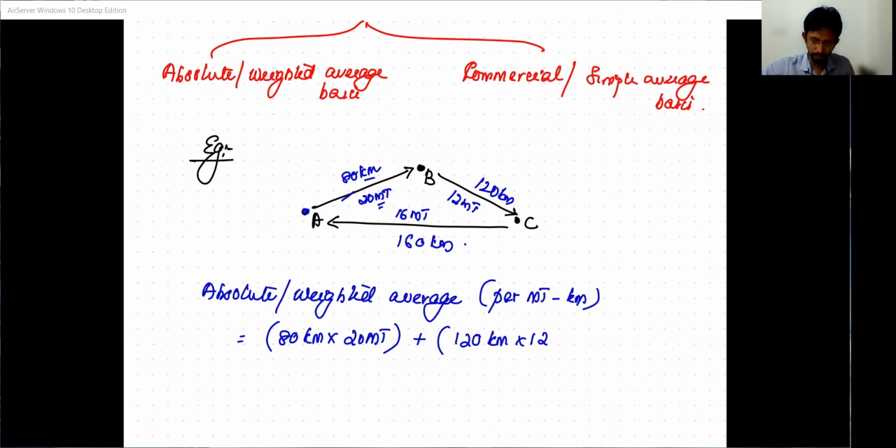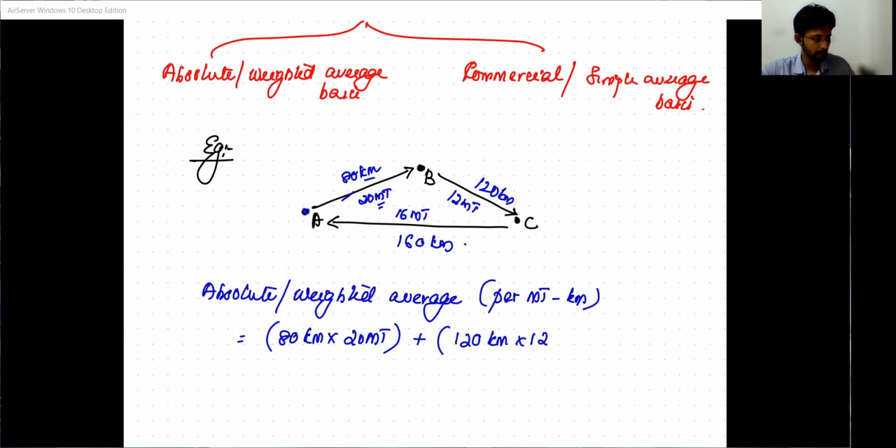So that is equal to 80 into 20, 1600, plus 120 into 12, 1440, then 160 into 16, it is 2560 metric ton kilometer.